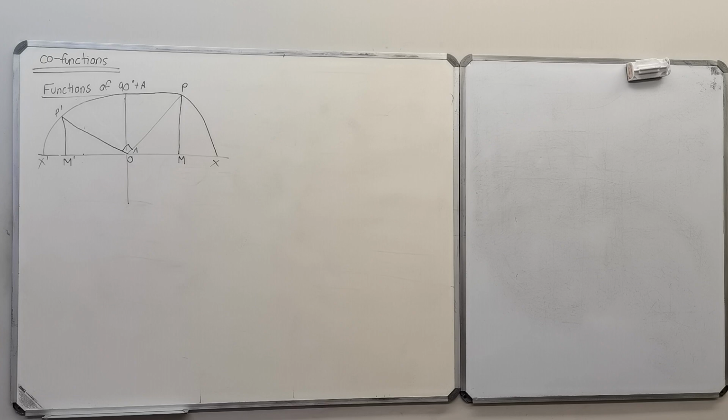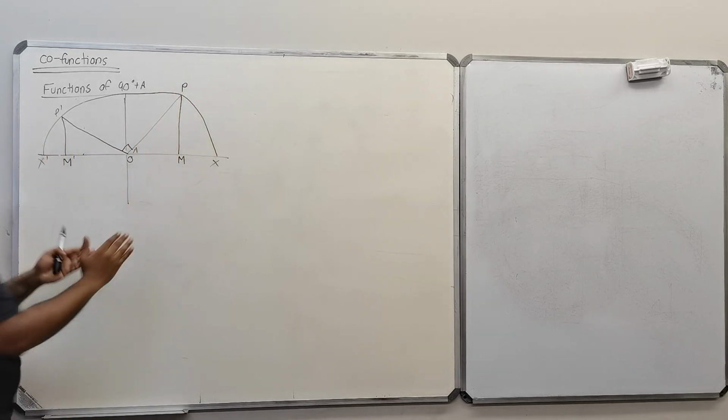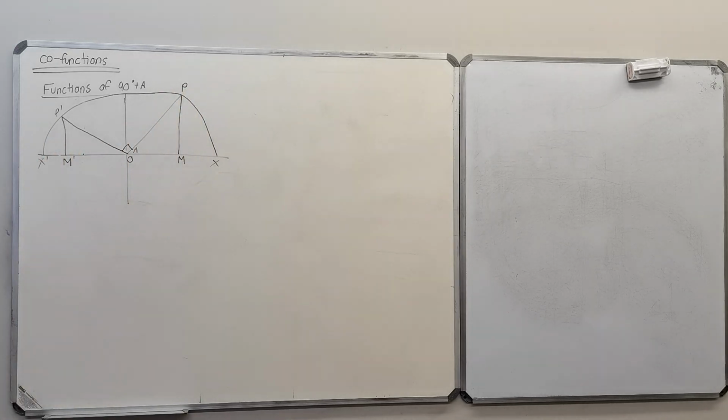So basically, if I put this triangle directly over this one, it will fit perfectly on top of it. If I flip it, it's like that. So what does this mean?